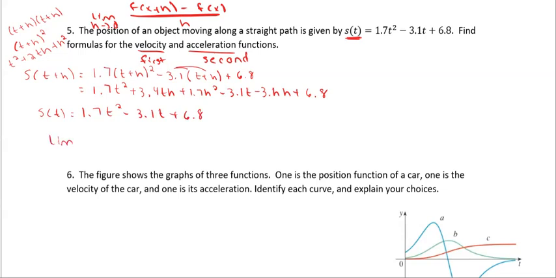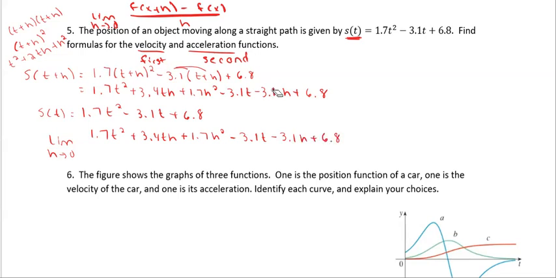So we have the limit as h approaches 0 of, start with our big top one right here, 1.7 t squared plus 3.4 th plus 1.7 h squared minus 3.1 t minus 3.1 h plus 6.8.